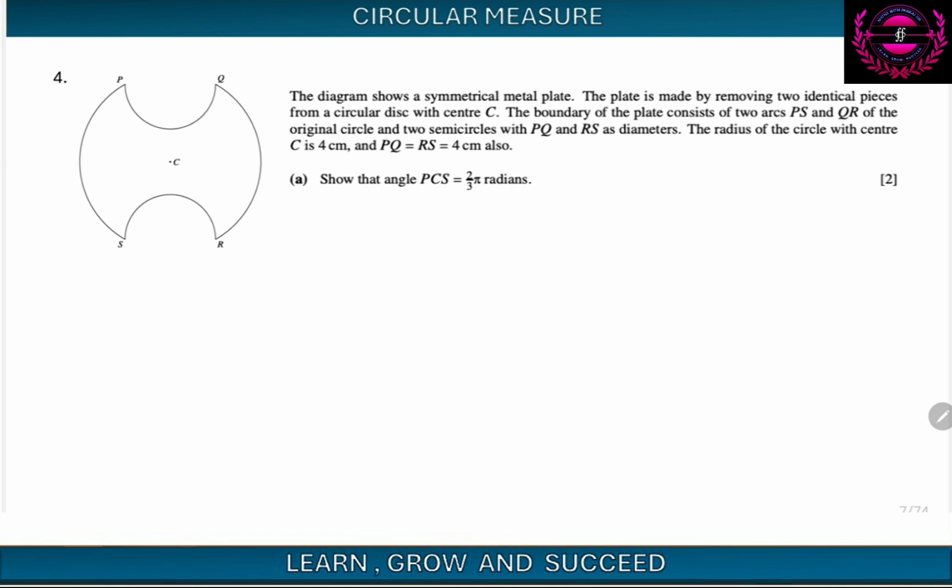So first of all, let me write the dimensions PC and CS. Now I have PQ and SR. So PQ equals RS equals 4 centimeters.